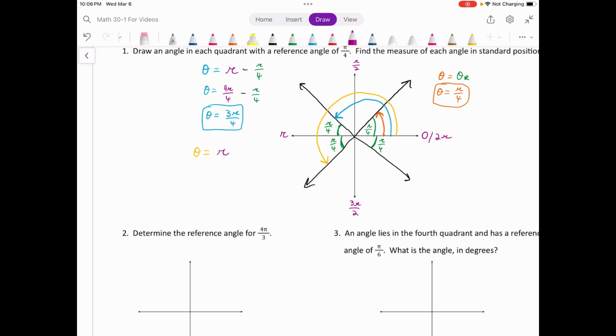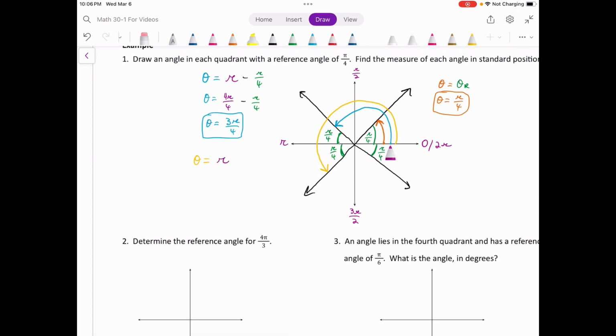How far past pi did we go? We went another pi over 4 radians. Oh my goodness, not degrees, radians. Why do I keep saying degrees?